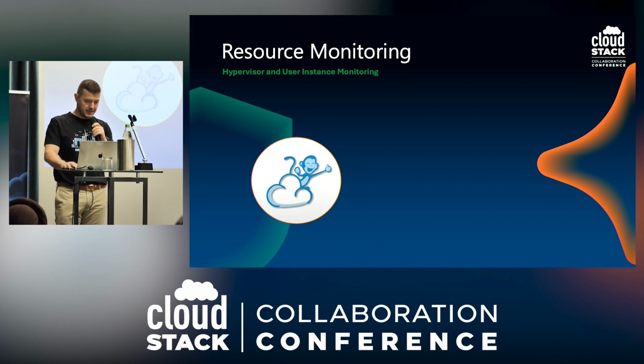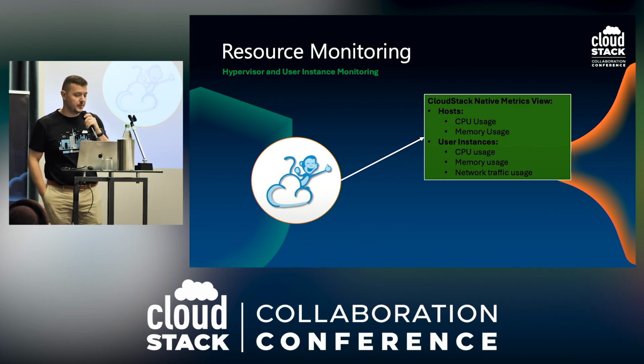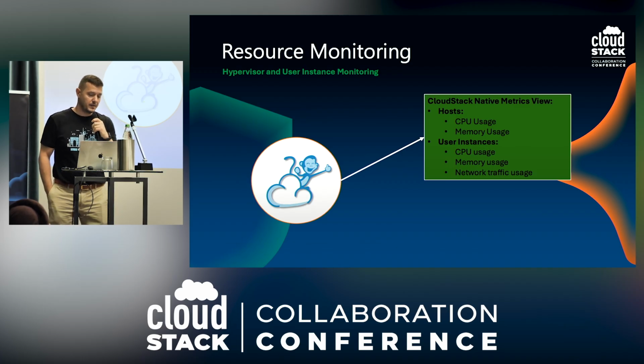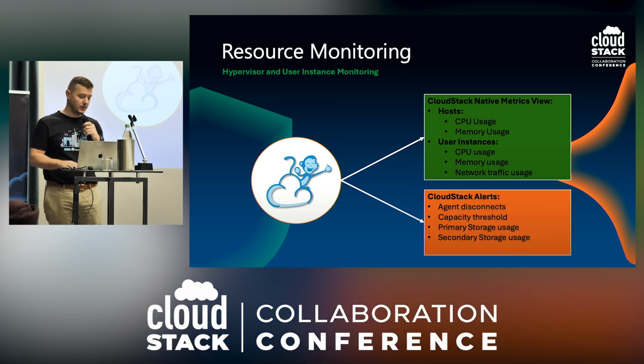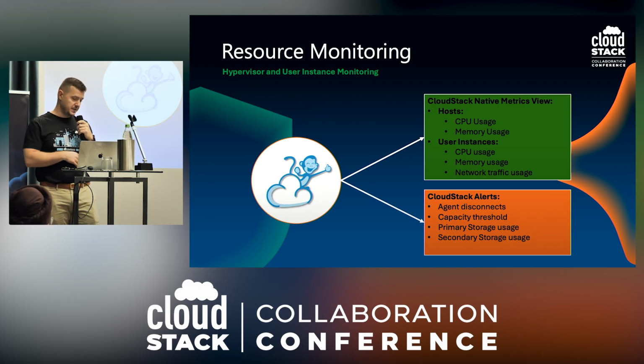You do need to set up resource monitoring on the hypervisor and user instances layer. I would suggest you utilize the CloudStack native metrics view. You can have all the metrics for hosts and user instances fed back to you in the CloudStack UI, or you can also utilize the Prometheus exporter to integrate it back into your system.